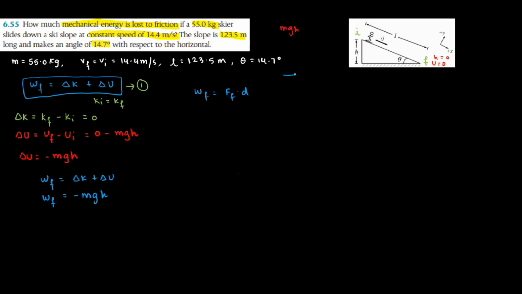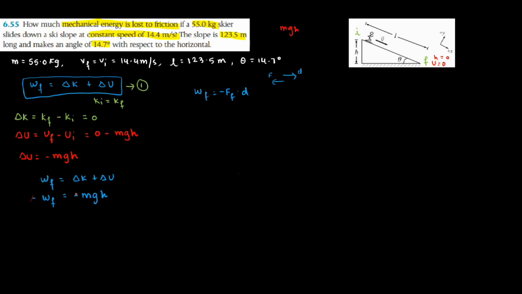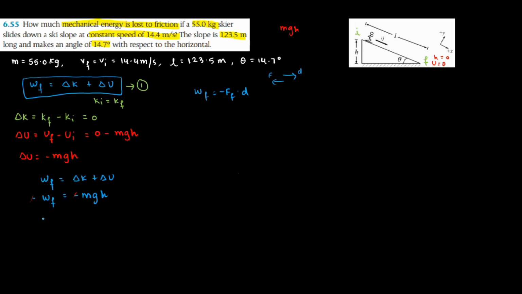If your object is moving to the right, the force of friction will go to the left. So my work done by the force of friction is also taken to be negative. So I will put a negative sign here for the work done. Then we rewrite this. I can cancel off the two negative signs, and I get my work done as mgh.